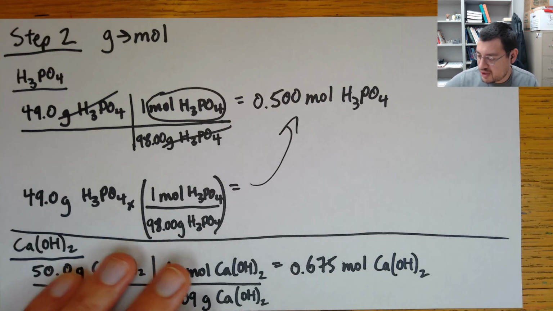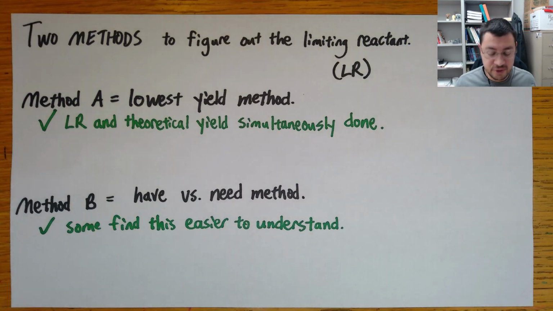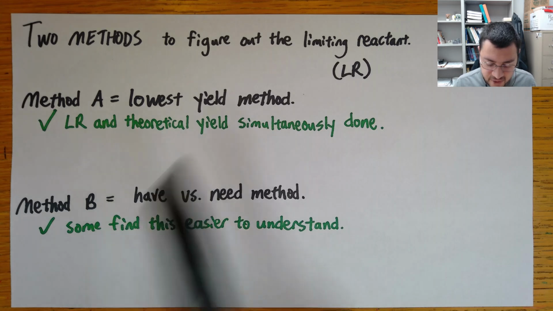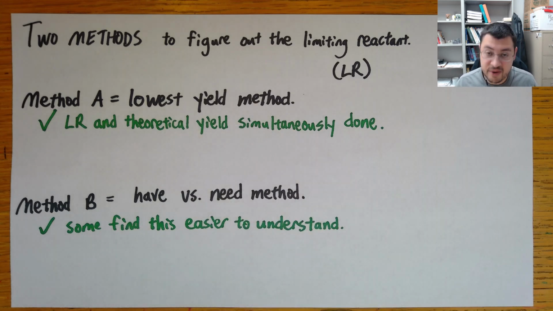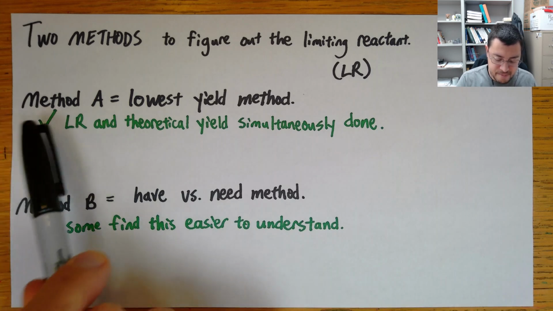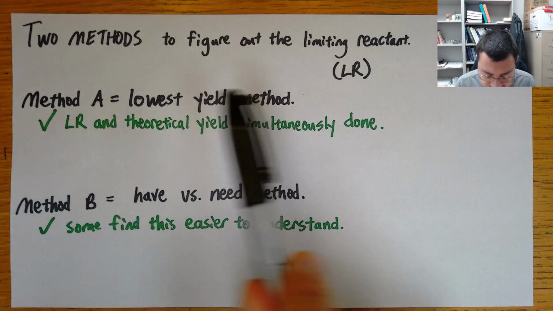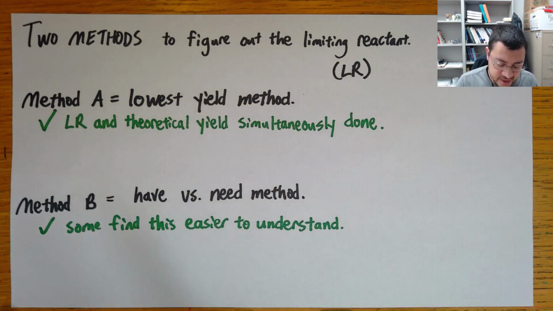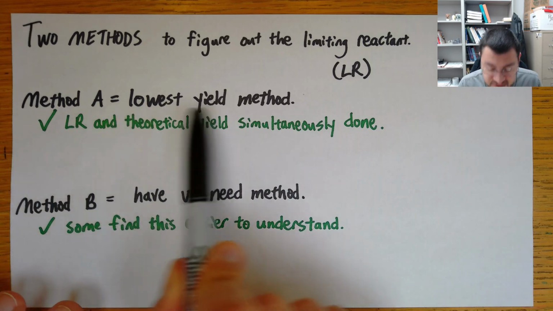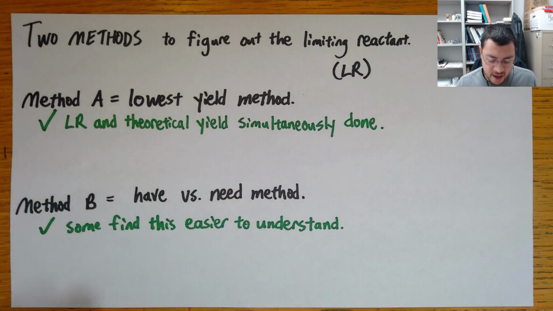Okay. So, time for our limiting reactant analysis. All right, two methods I will show to figure out the limiting reactant. We're going to have a method A, the lowest yield method. In this method, we'll calculate the lowest yield, as it says, and we'll do it for any product.